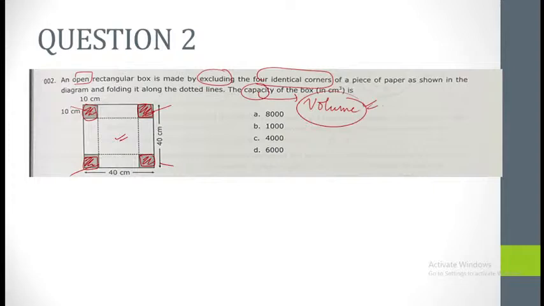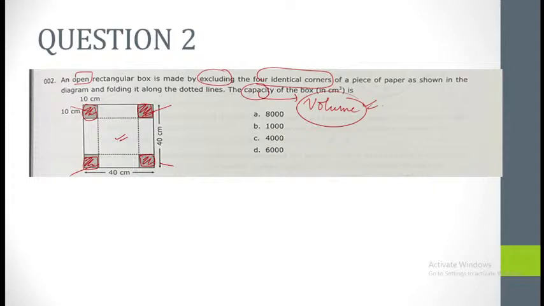Mark the answers, everyone. Yes, I'll tell how to solve it.